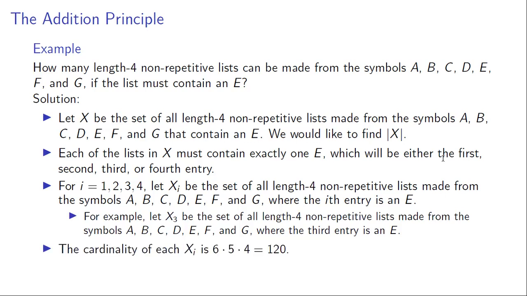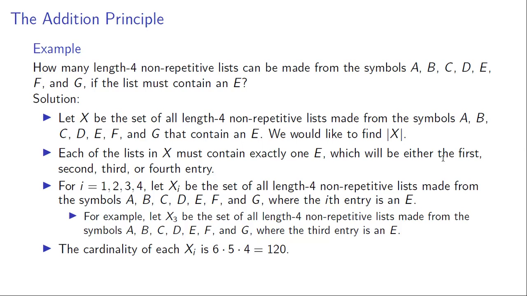So the cardinality of each X sub i is 6 times 5 times 4, or 120. Why is it 6 times 5 times 4? Because we're making a list of length 4, and we use E for one of the entries.